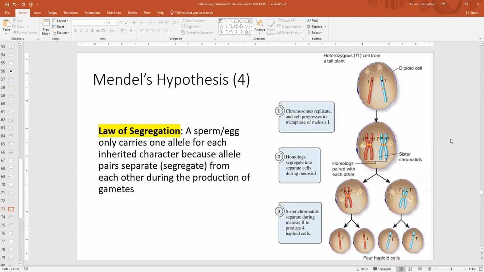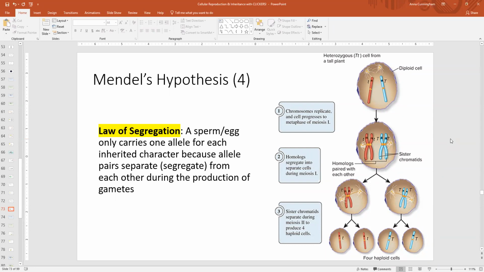This really helps explain why if you have a sibling, you don't look exactly alike, because you are generated from a sperm and an egg combining. That sperm and that egg have a completely different genotype than the sperm and the egg that come together to form your sibling.